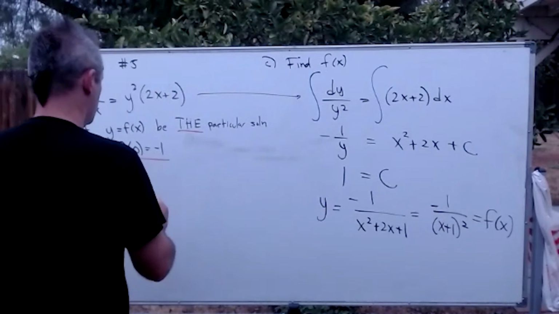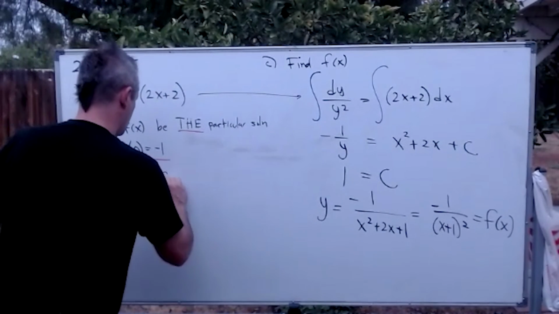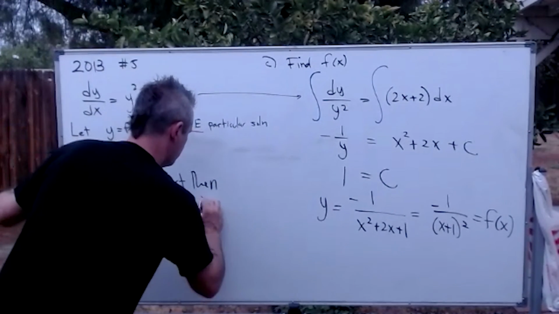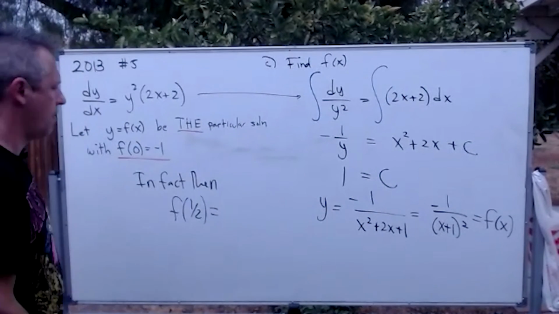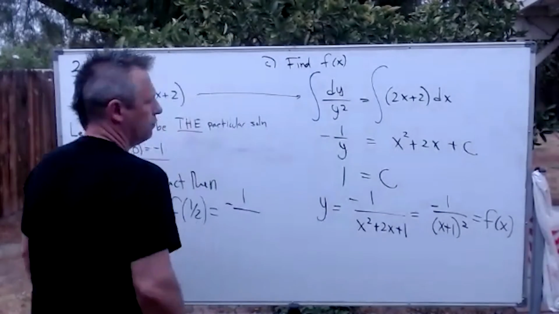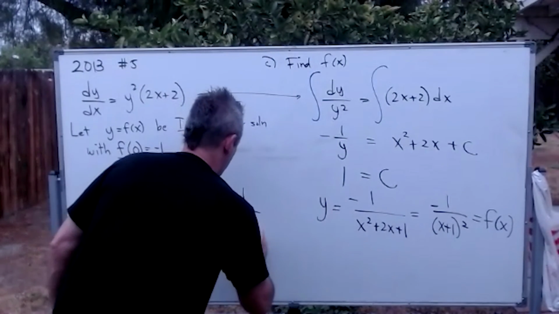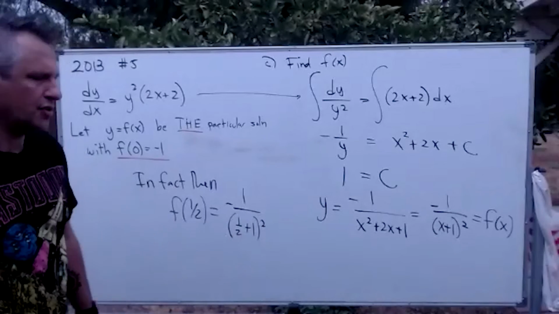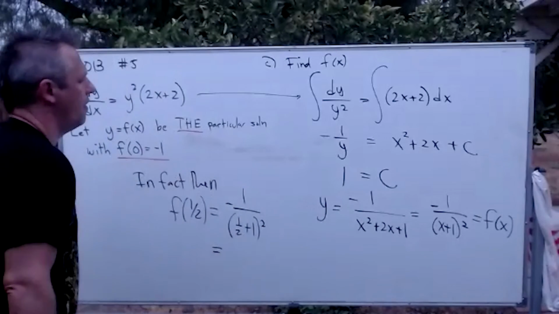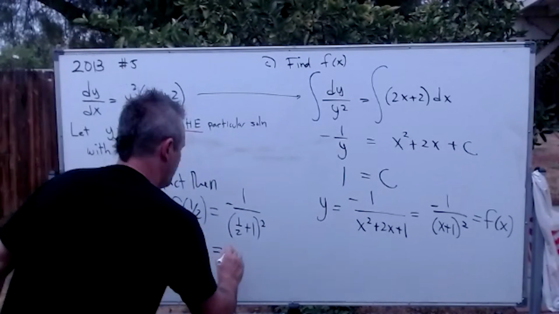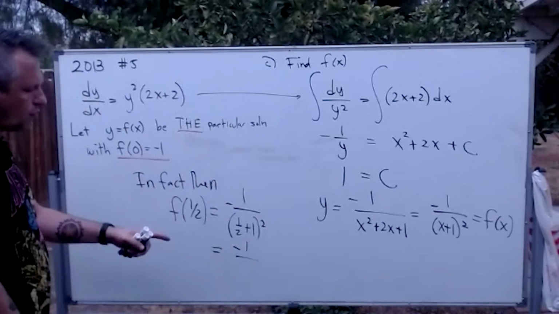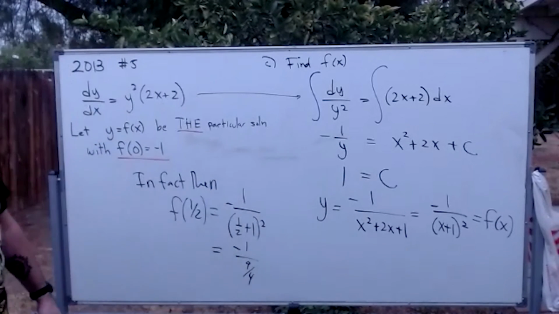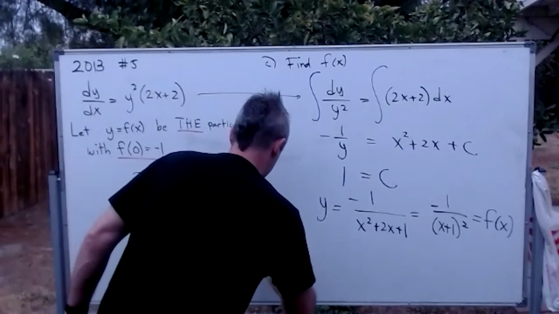So it turns out f of 1/2 was really negative 1 over 1/2 plus 1 squared, which is 3/2 squared. Negative 1 over, what's that going to be? 3/2 squared is 9/4. So negative 4/9.